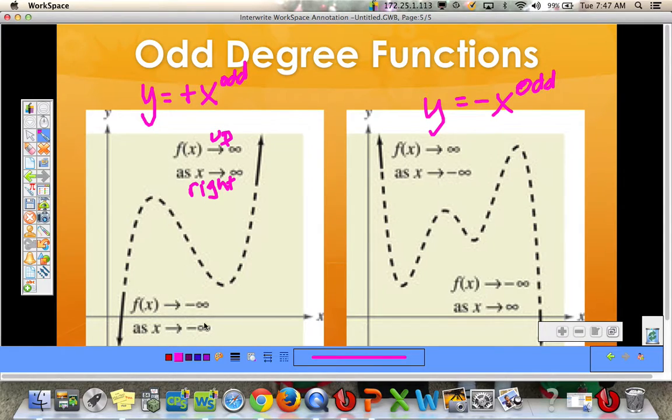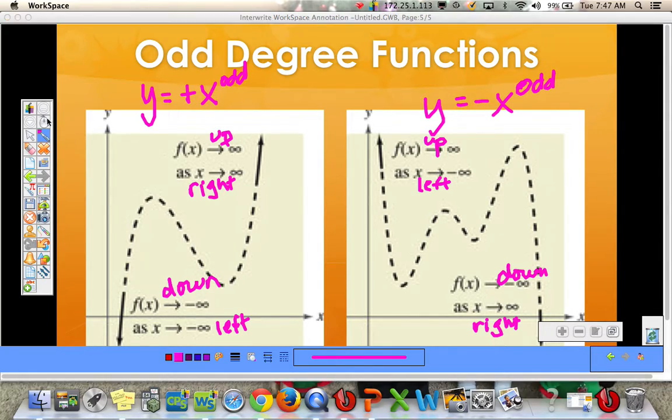As x approaches negative infinity, as you go to the left, our function goes down. And here, as x approaches negative infinity, as we go to the left, our graph goes up. And as x approaches positive infinity, as we go right, our graph goes down. So odd functions end differently: it starts down and goes up if it's a positive lead coefficient, but if it's a negative lead coefficient, it starts up and then it goes down.